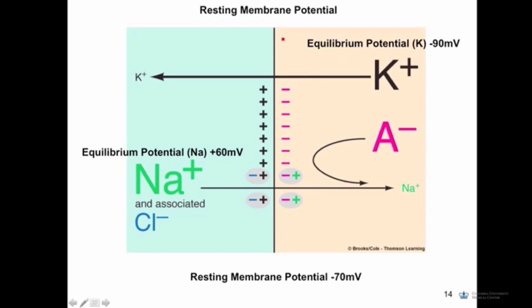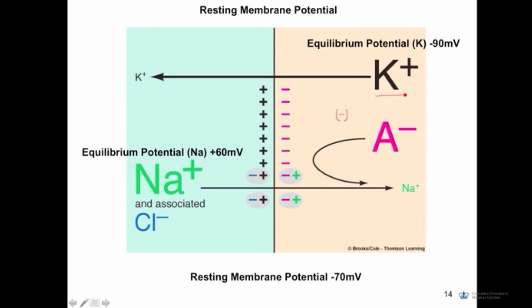So we've got the plasma membrane, we've got the inside of the cell on the right, we've got the outside of the cell on the left. Now let's first think about potassium. We've got lots and lots of amino acids and protein inside the cell, which means that the cell is starting out negative because of that.